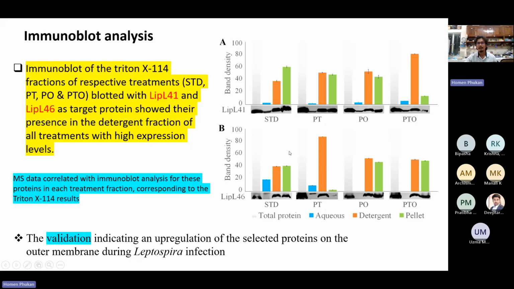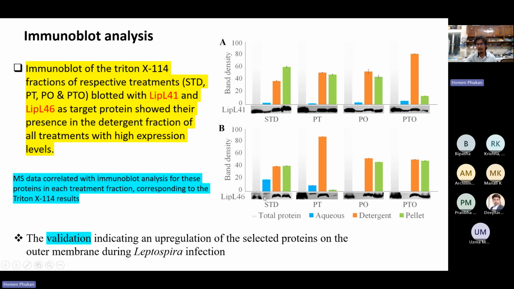For LipL41, after immunoblot analysis, we performed a normalization experiment. After that, we found a high expression compared to the control. In LipL46, we also found it in the detergent fraction, as you can see, and we performed immunogenicity analysis on the density of the bands.